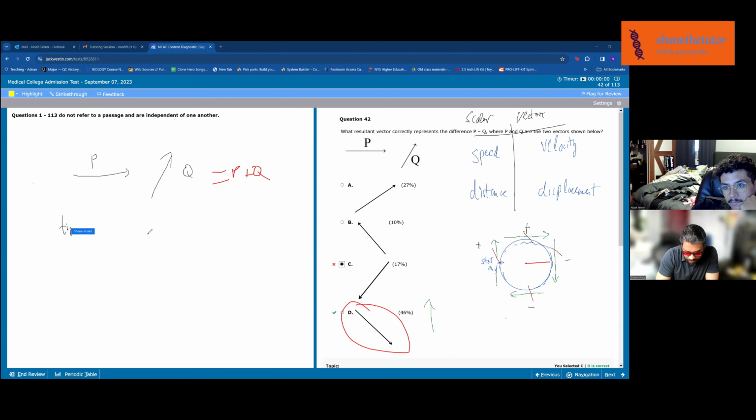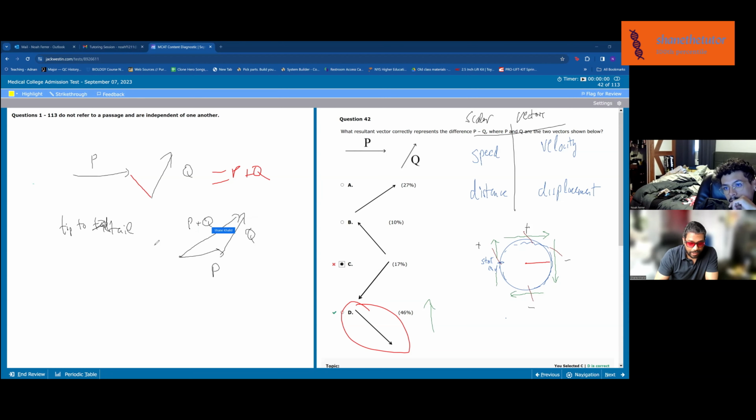Tip to tail. Okay. So for that, it would look like P, Q, and then that would be the P plus Q, right?